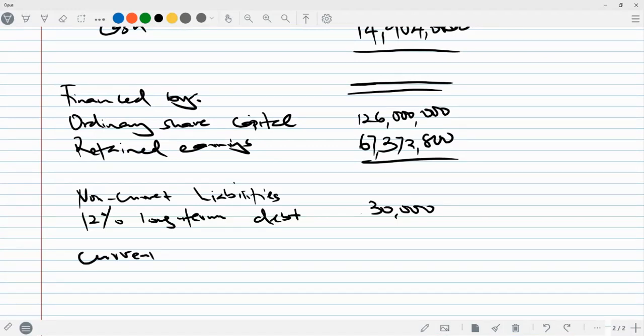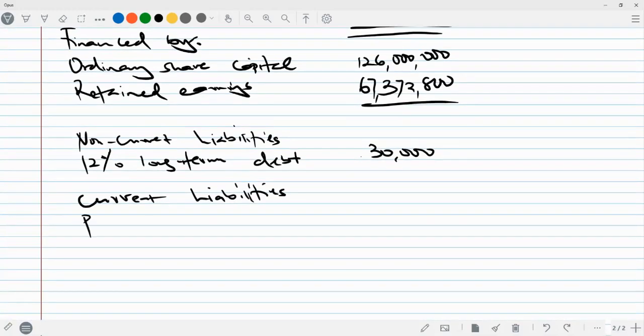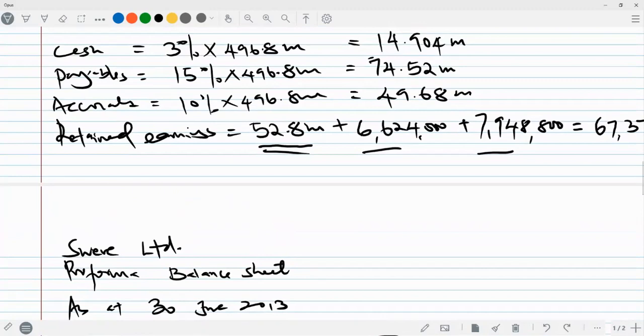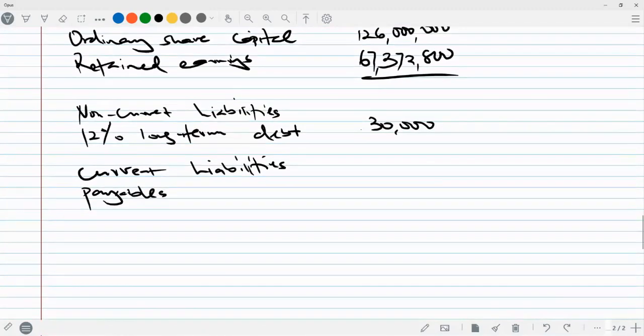Then current liabilities. We have payables, and from the calculation above, we got payables to be equal to 74,520. We have accruals.